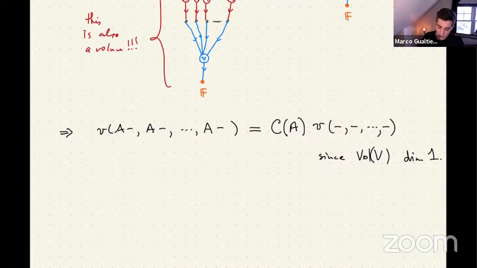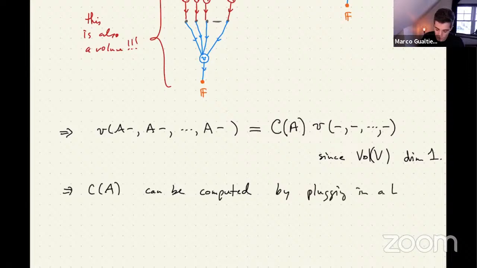Okay, and how do we find this constant? Well, it's kind of easy because you can just plug in any trial value. If you plug in any list of vectors to the left-hand side and to the right-hand side, then you can just take the quotient of this number by this number and you'll get C of A. So this means that C of A can be computed by plugging in a basis.